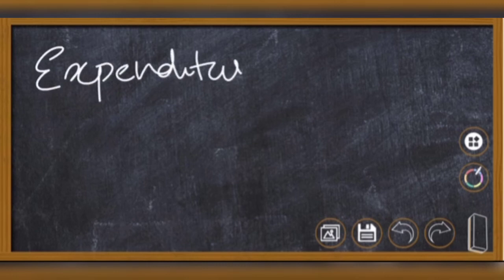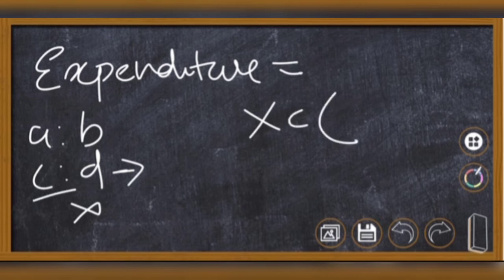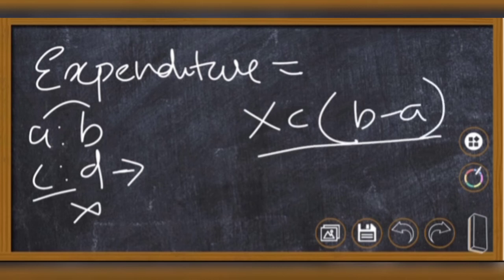Now in this question the incomes are asked. What if the expenditures are asked? If the expenditures are asked, we have to take the income ratio. That is, if A is to B is the income, C is to D is the expenditure and X is given, the first expenditure will be X into C into the difference between the income ratios, that is B minus A, divided by AD minus BC.